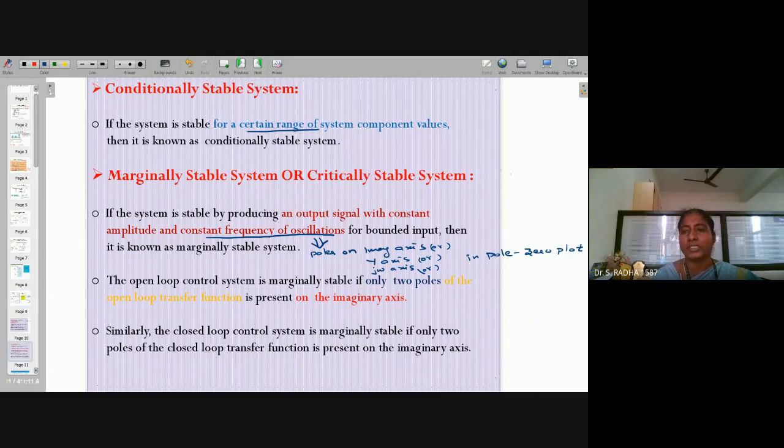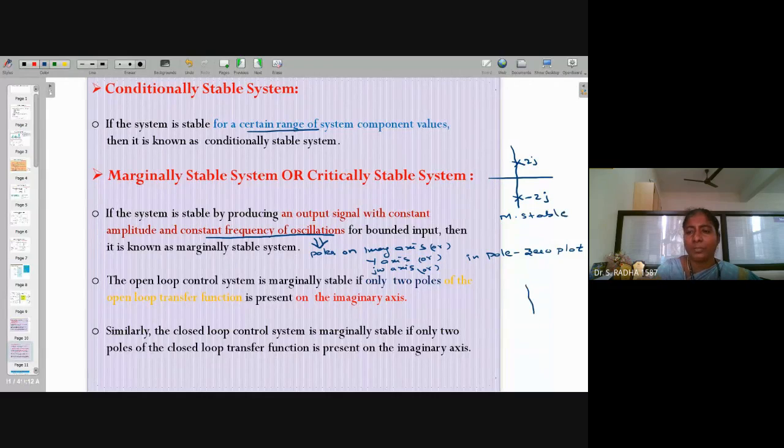For example, if I draw the pole-zero diagram, this is the x-axis, this is the y-axis. I am having plus 2j and minus 2j. Two poles are there. This is called a marginally stable system.